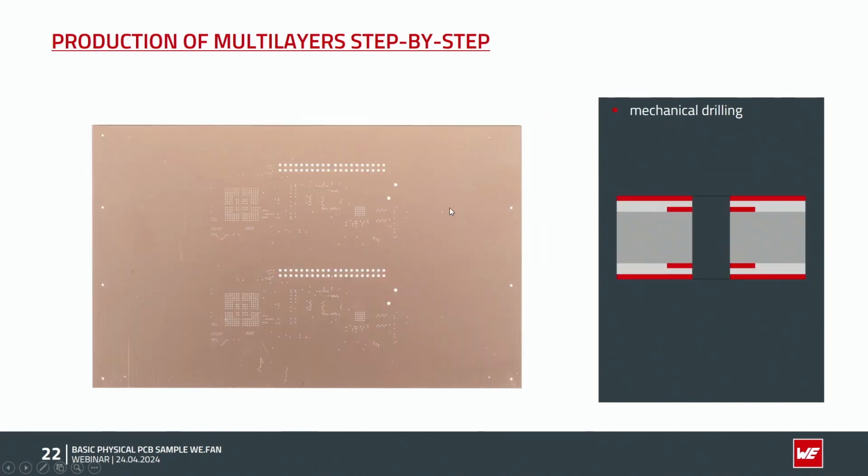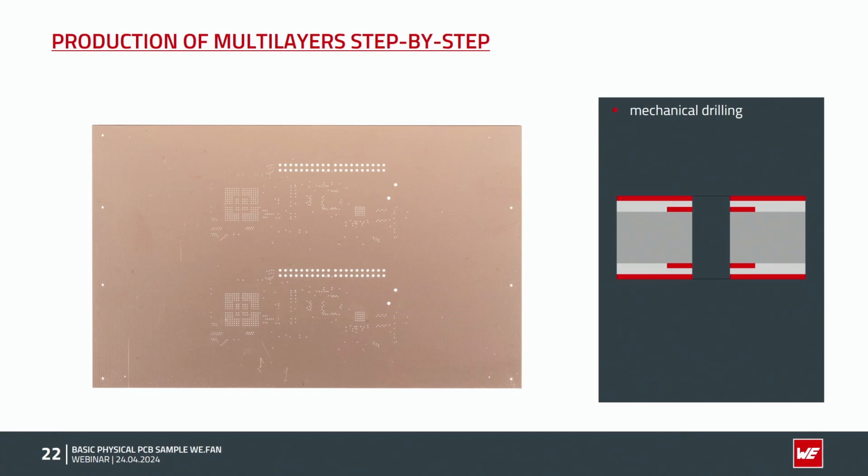And the next step is drilling, mechanical drilling to be accurate. And this is done by a drilling machine, of course. We can see different tool diameters here on the example.